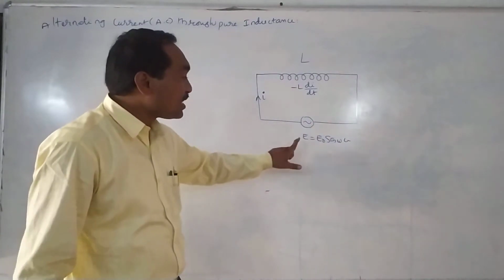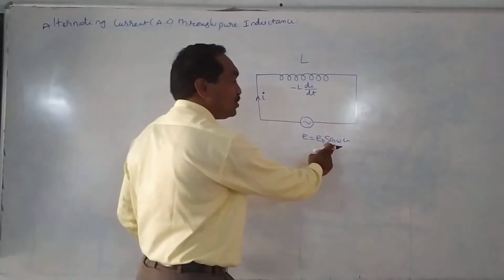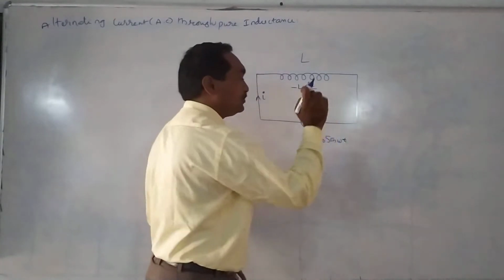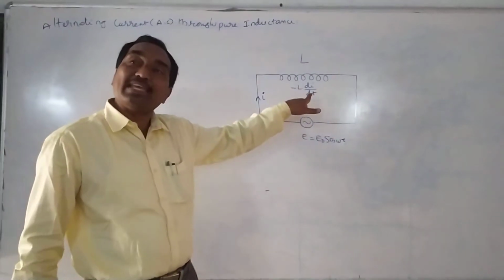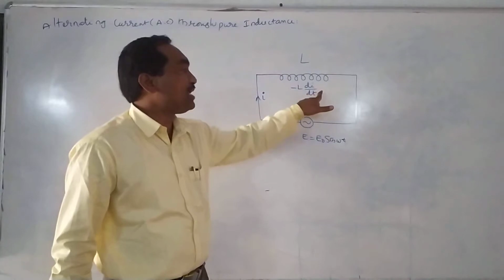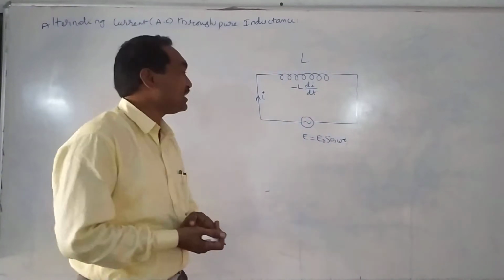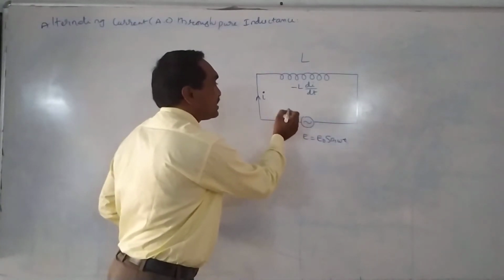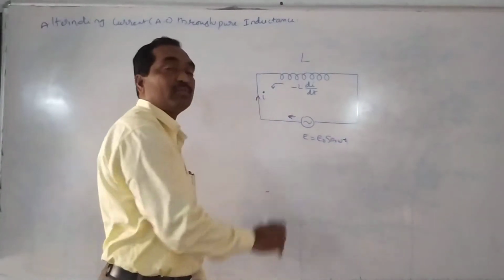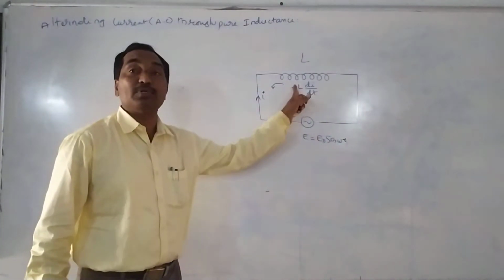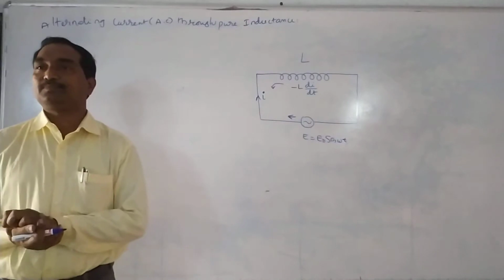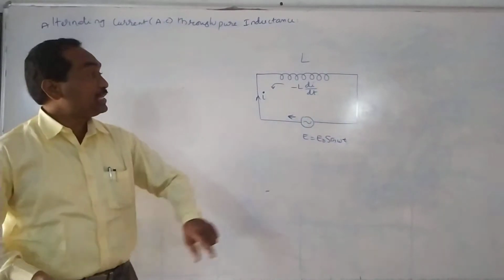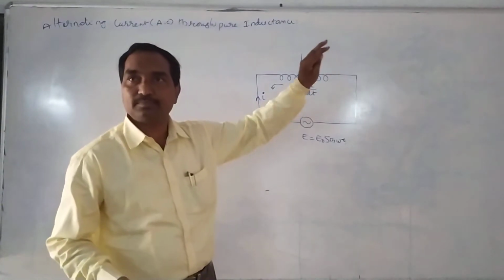So one EMF is E is equal to E naught sin omega t, and this is one more EMF, minus L into dI by dt. If this is along this direction, this is along this direction. According to Lenz's law, it opposes the original cause. But there is no resistance in the circuit.